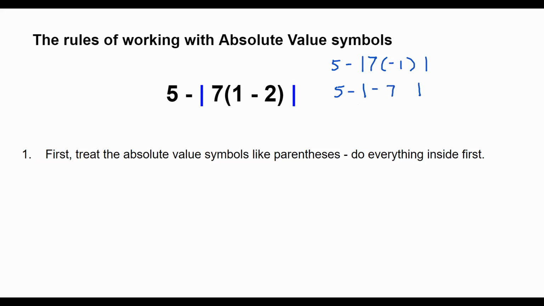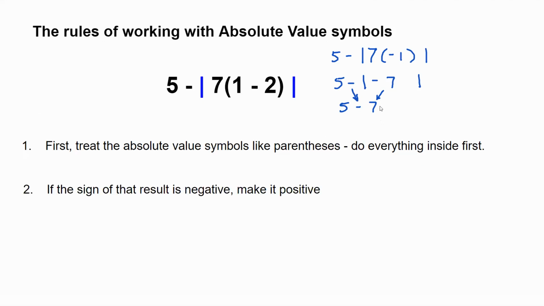Now here's where the absolute value comes into play. This is going to turn this into a positive 7, but we're still subtracting it. So it's going to be 5 minus a positive 7. See how we've dropped the absolute value symbols, and we've turned this 7 into a positive number. This subtraction comes from here. A positive 7 comes from there. And now we just simplify normally. The sign of the result of our absolute value was negative 7.